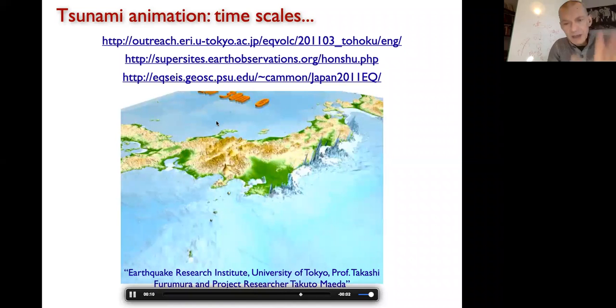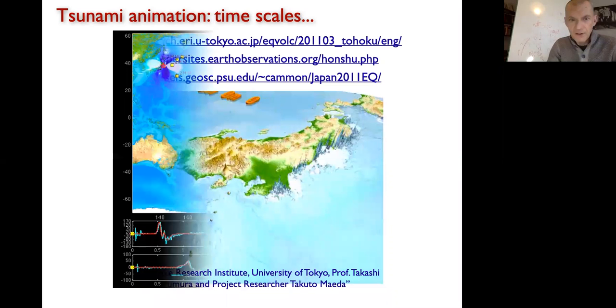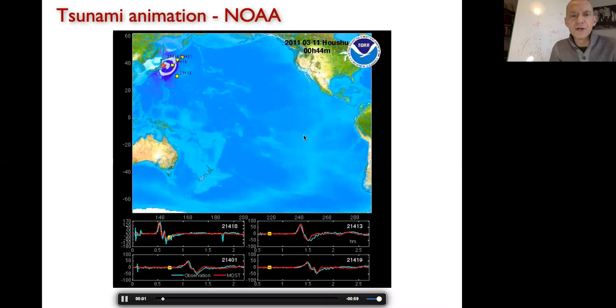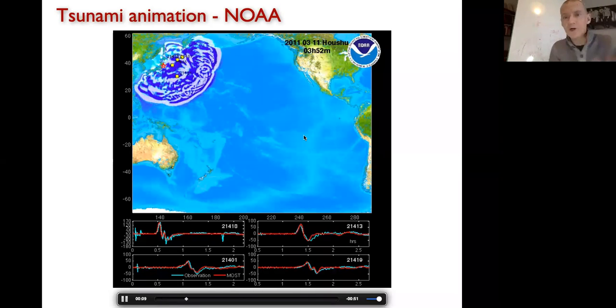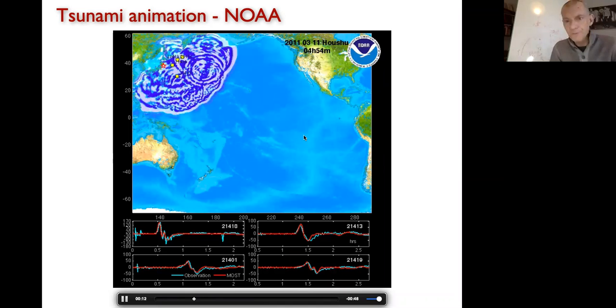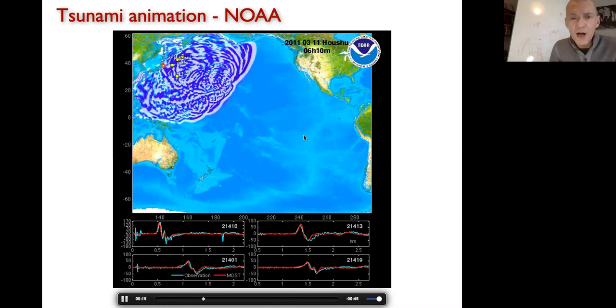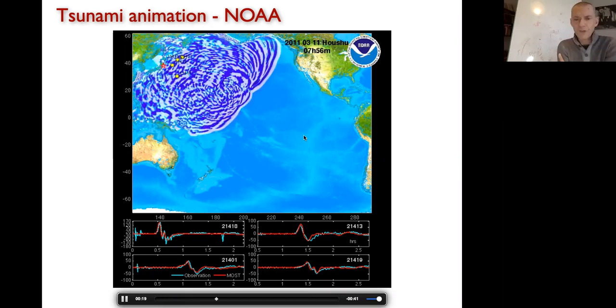And if you take the vision of a pan-Pacific message here, the arrival times are getting very, very long. You have to wait, let's say, 12, 18 hours for the tsunami waves to reach the other side of the ocean, and almost 24 hours to reach, for example, the Chilean coasts.